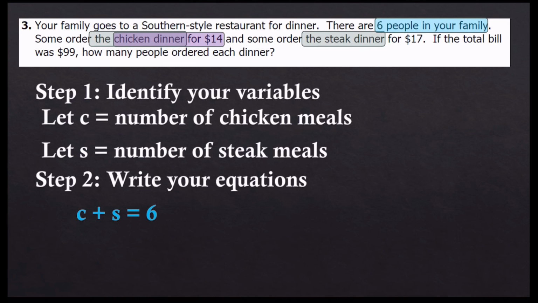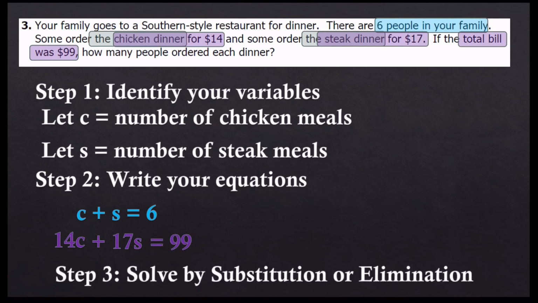There are 14 per meal. Well, C was the number of chickens, so 14C. But I also have to total my bill and add whatever steak dinners, which were 17 each. And my total bill was $99. Okay, so that should total 99. Finally, step 3 would be to solve by substitution or elimination.